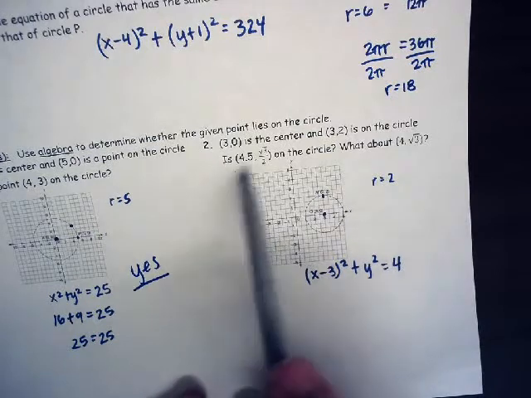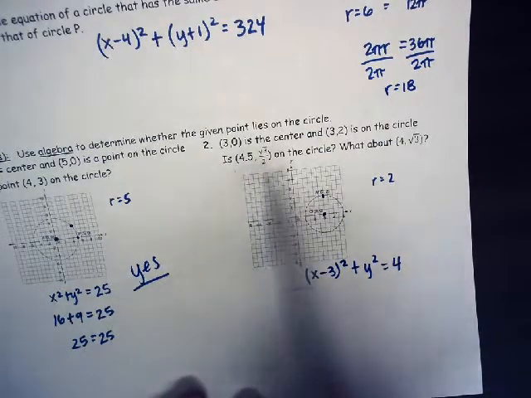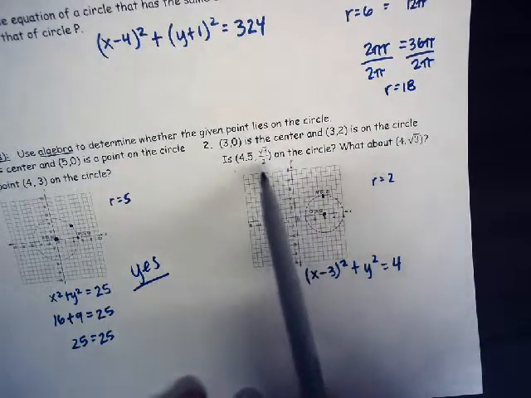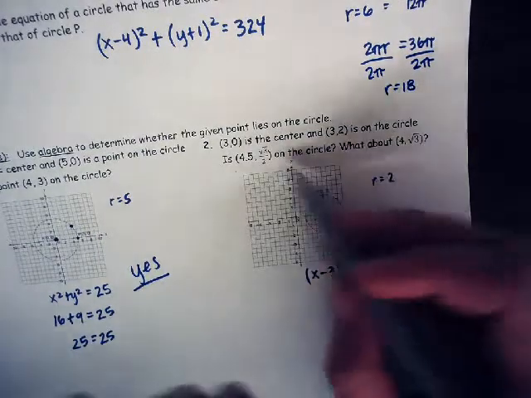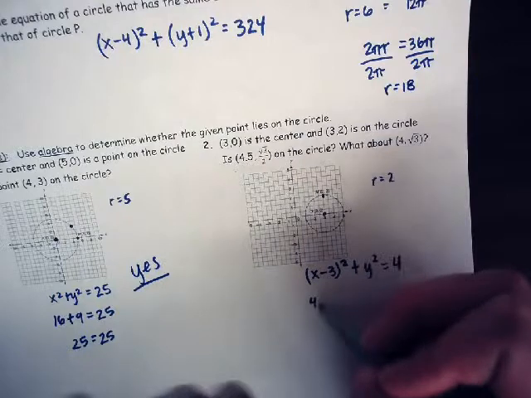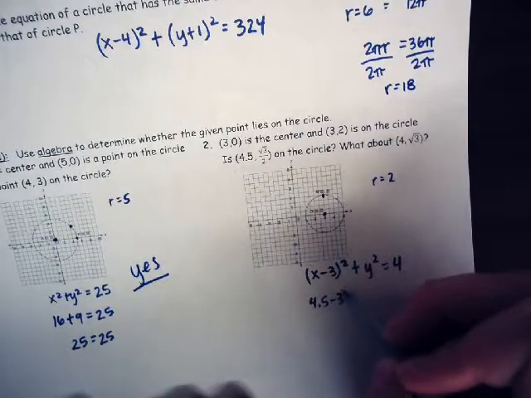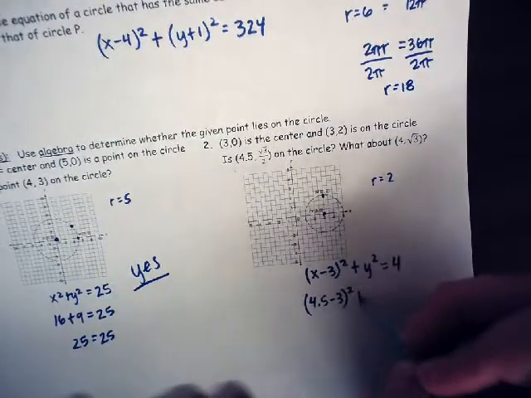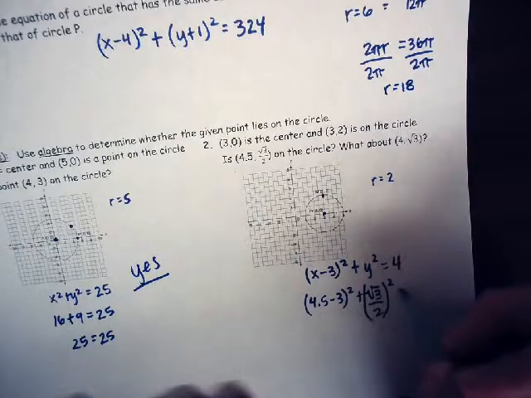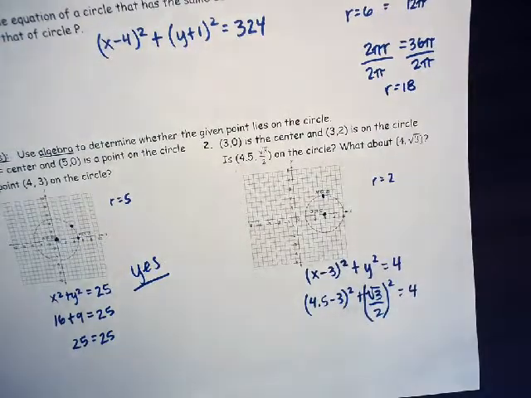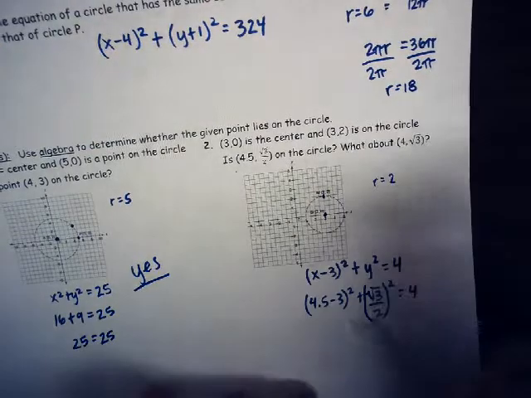Now I have to test and see if this point is on the circle. Now don't get scared just because it has a square root number. Let's try it. So let's put 4.5 in for x. So we have (4.5 - 3) squared plus (square root of 3 over 2) squared. And we'll see if it equals 4. We're testing it. So 4.5 minus 3 is 1.5.